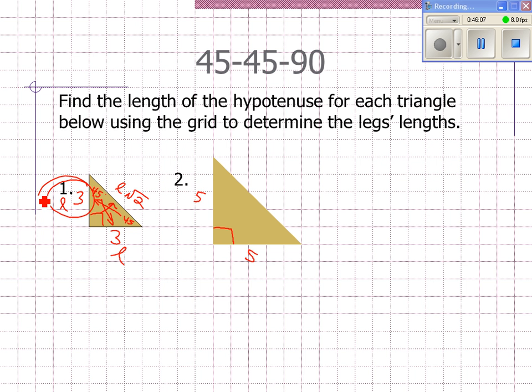So L equals what this time? 3. Is there anything to solve on that equation? No, you just know L equals 3. So I can take that 3 and write it over here. How long's the hypotenuse? 3 radical 2. How long's the hypotenuse in this one?